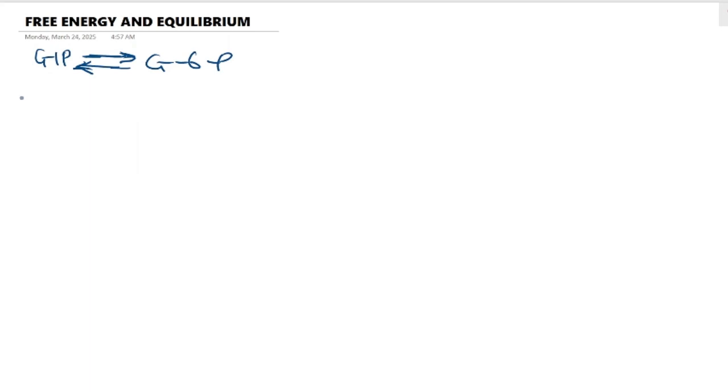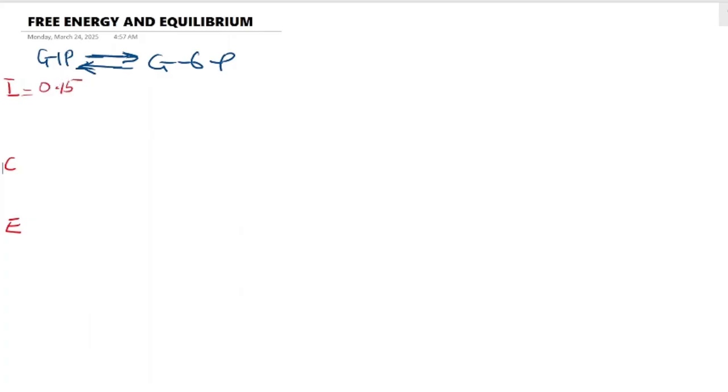So applying the ICE chart, we have I for our initial concentration, your C and your E. So for your initial concentration, for your reactant, glucose 1-phosphate, we have 0.15, and for your product it is 0.